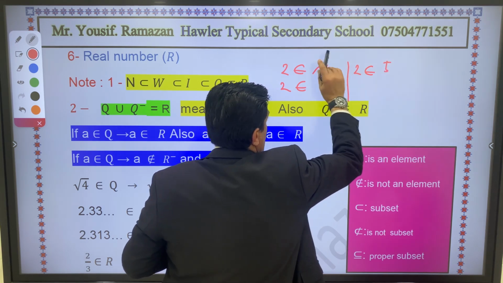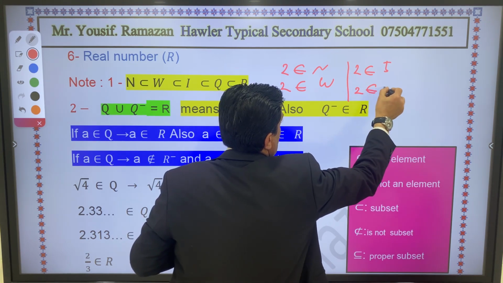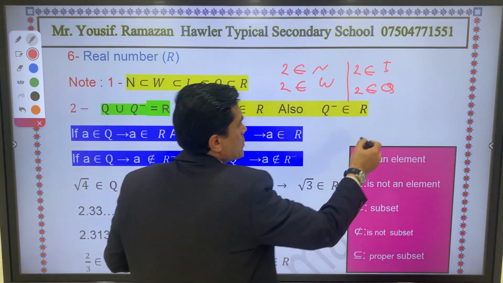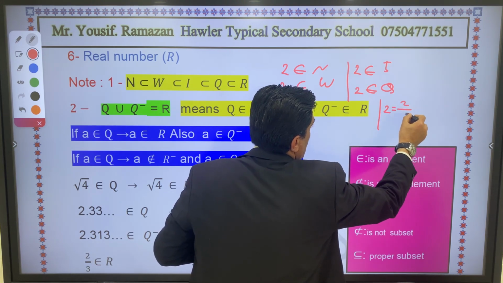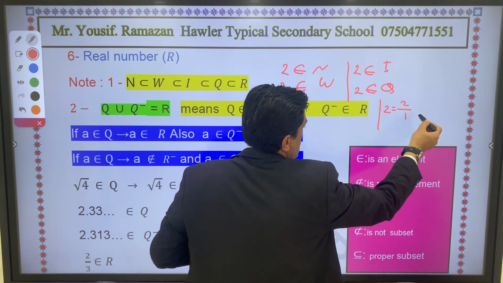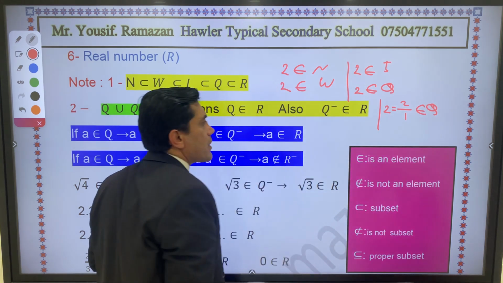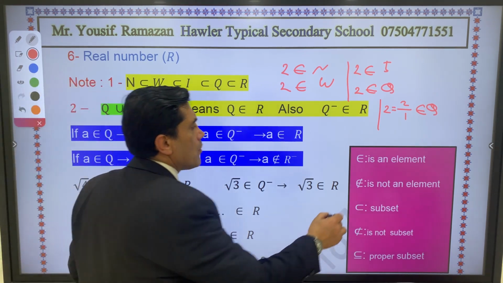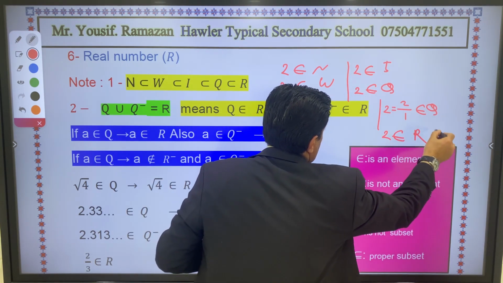And does 2 belong to rational numbers? Yes. Why? Because you can write 2 as a fraction: 2 equals 2 over 1, which is a over b with b not equal to 0. So it belongs to rational numbers. And any rational number is a proper subset of real numbers. That means 2 is also a real number.